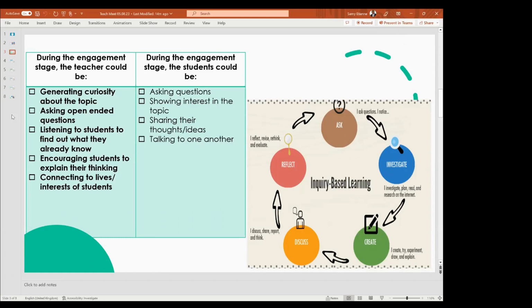But the first step is engagement. So here you want to engage your students, as I said, with a key question. Some teachers would call it the big question, the big idea. You want them to be engaged, so you can use an item linked to the topic from the outside world. You can use a problem, you can use a question, something that would really pique their interest.